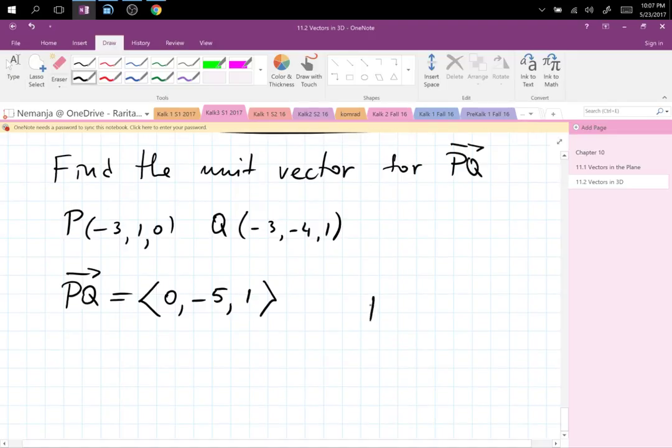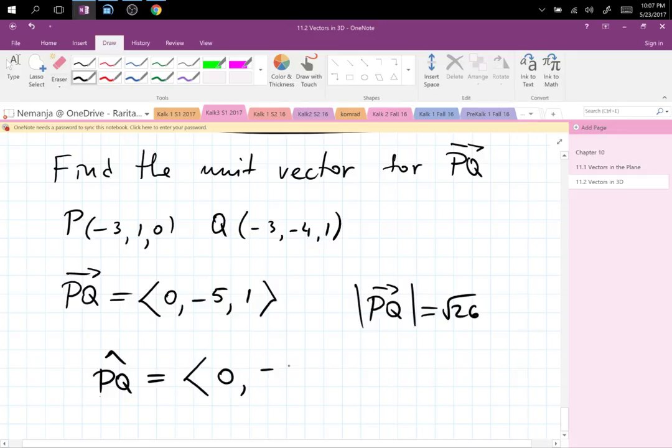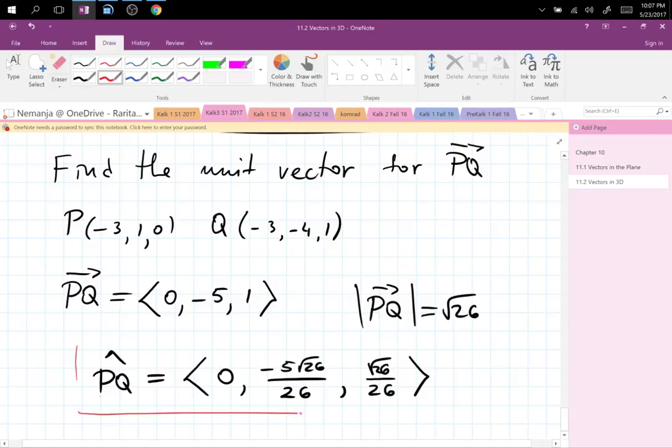The magnitude of PQ is clearly root 26. And the unit vector PQ will be 0, negative 5 root 26 over 26, and root 26 over 26. That's it. Done deal.